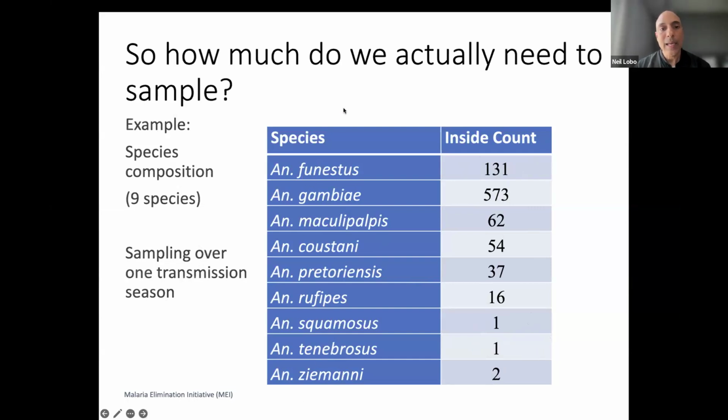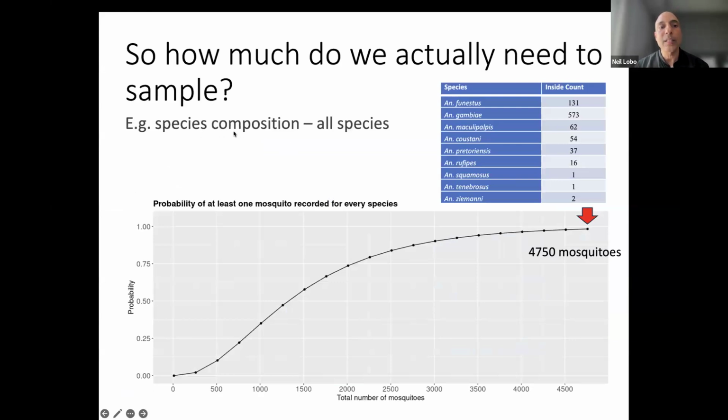So now, let's say our question is, what is the species composition at our site? We want to know all species. Please note this is the number of samples we got for each mosquito species. Now, what is the probability of finding at least 1 mosquito of every species if we collect 250 mosquitoes? The probability of finding every single one of these 9 species is almost nothing.